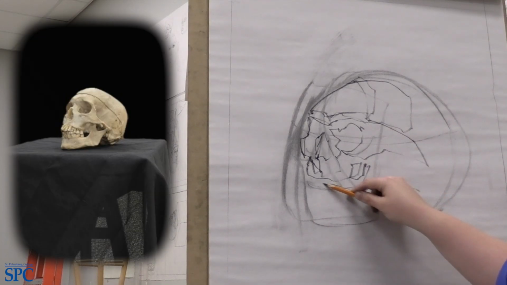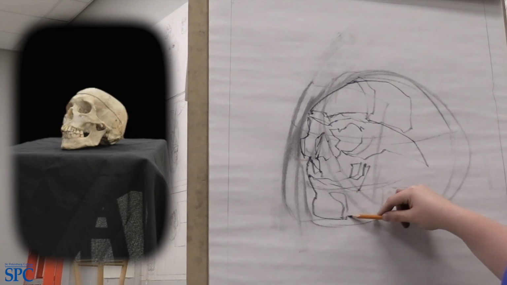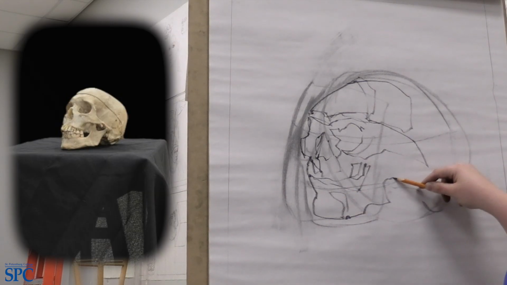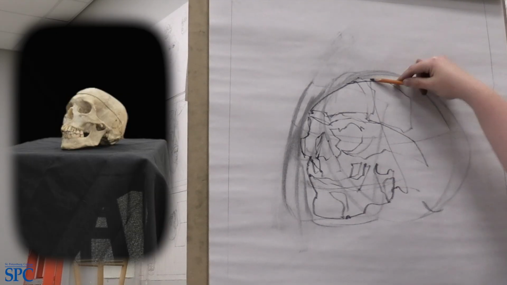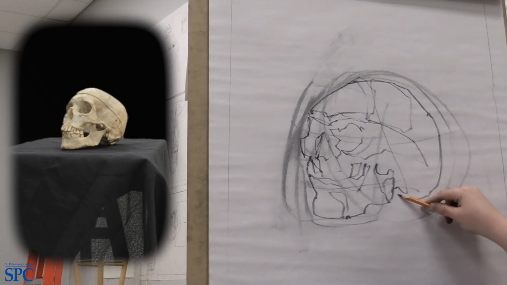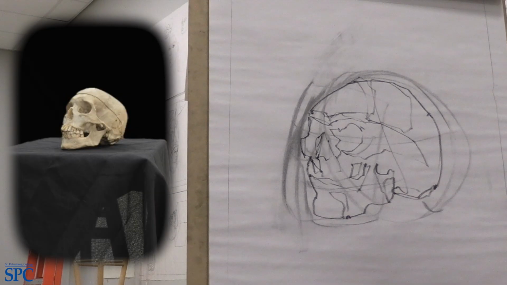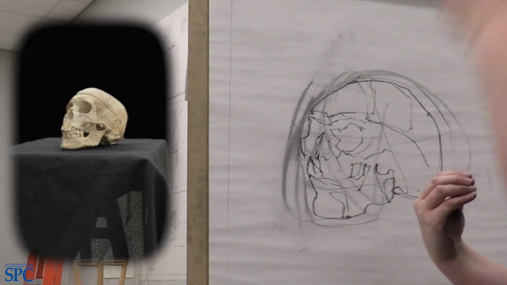Looking for tiny shapes. When I get to things like teeth, I just want to keep those pretty general. You can save information like that for when you're contouring. Anywhere my eye goes, my pencil goes. Okay. And that would be enough information for stinging points.